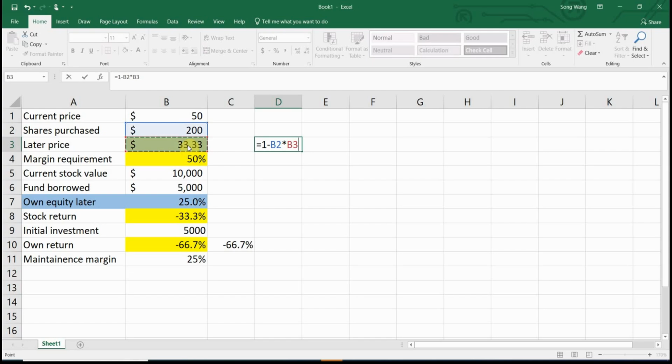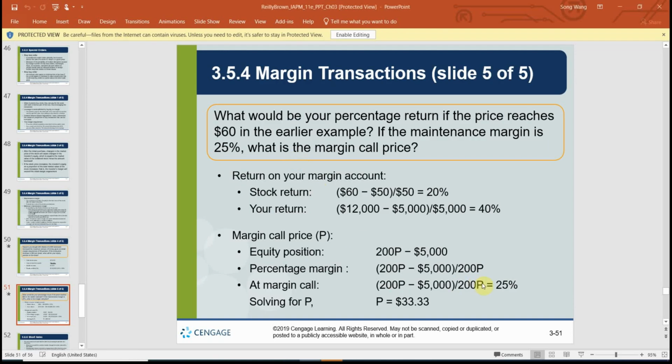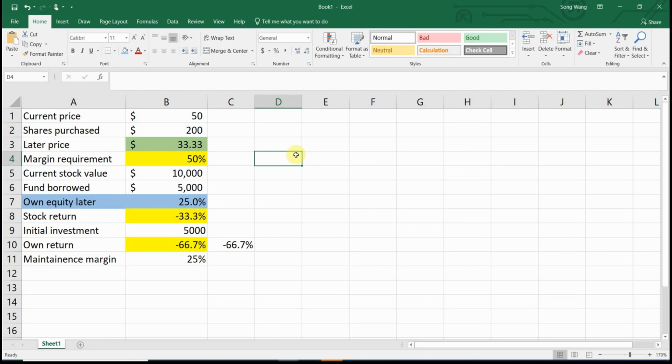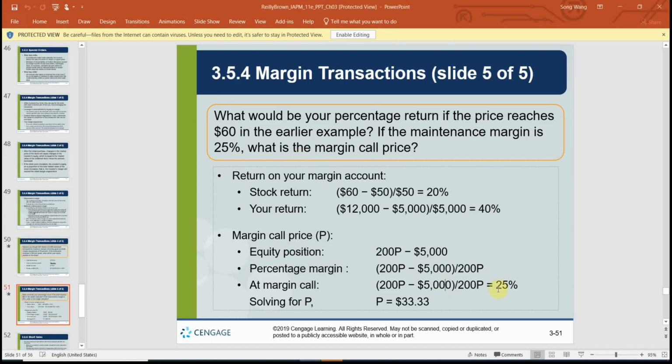I use the amount borrowed divided by that, and I want to make this 25%. So basically, you will need to solve it backward. It's 25%. So P, the current price, the later price, is based on this line.